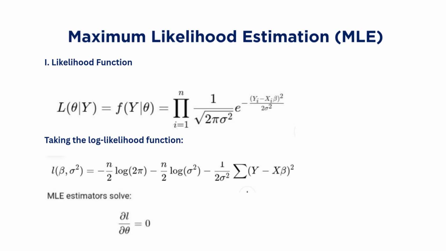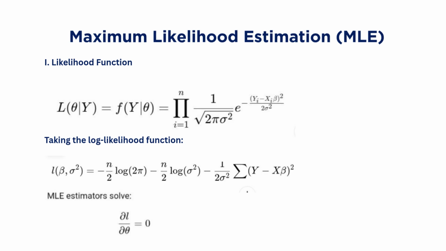Taking the log likelihood function, L of beta, sigma square is equal to minus n divided by 2 log 2 pi, minus n divided by 2 log sigma square, minus 1 divided by 2 sigma square, summation of (y minus x beta) whole square. The MLE estimator solves delta L by delta theta is equal to 0.